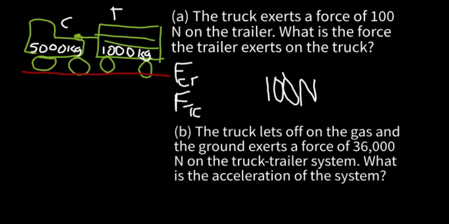Part B, the truck lets off the gas and the ground exerts a force of 36,000 newtons on the truck-trailer system. So that really just means we've got a force of 36,000 newtons acting to slow the system down. What is the acceleration of the system?